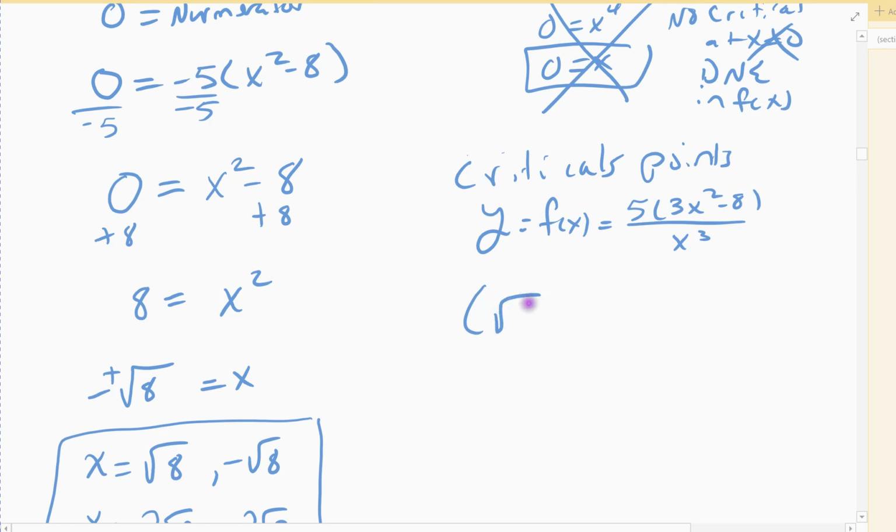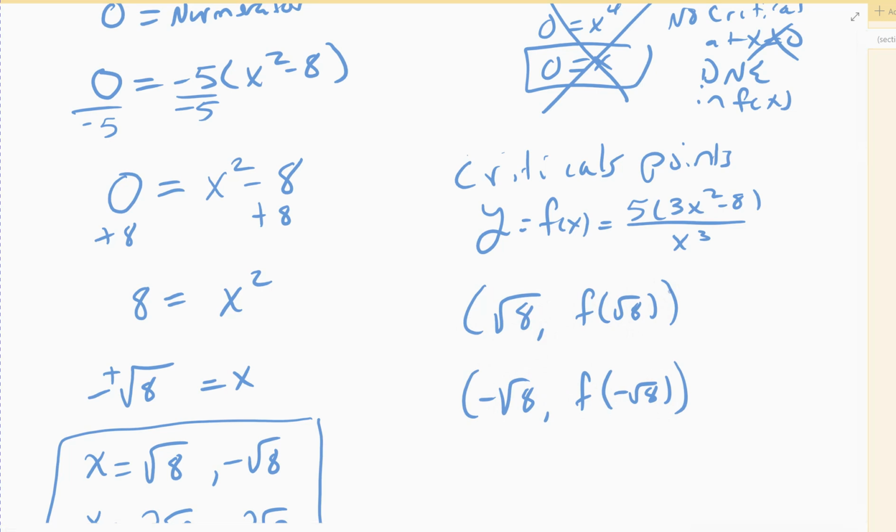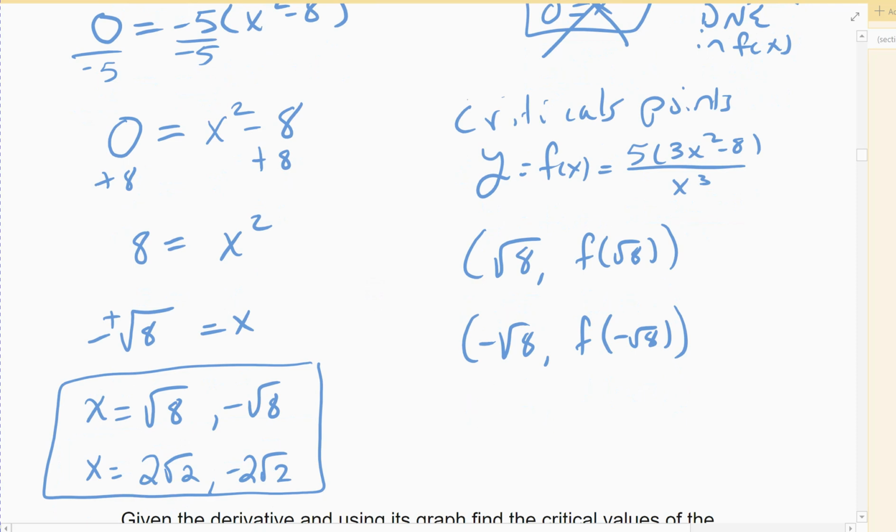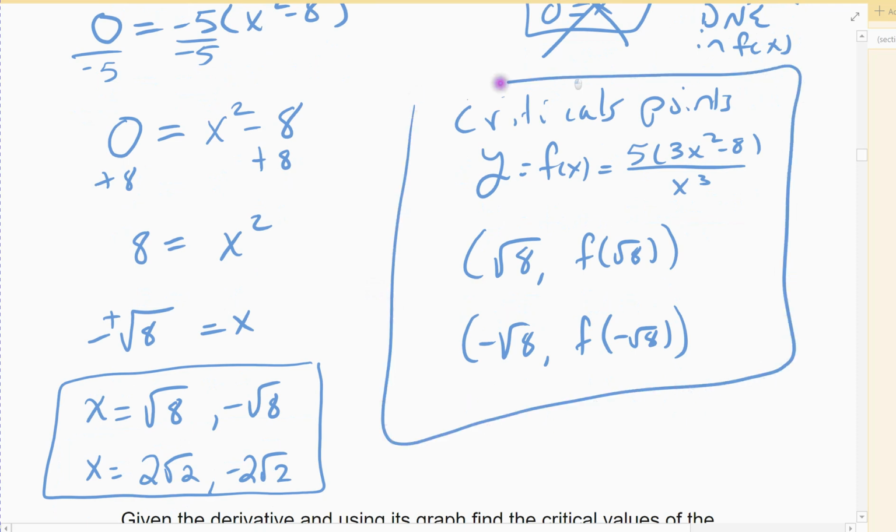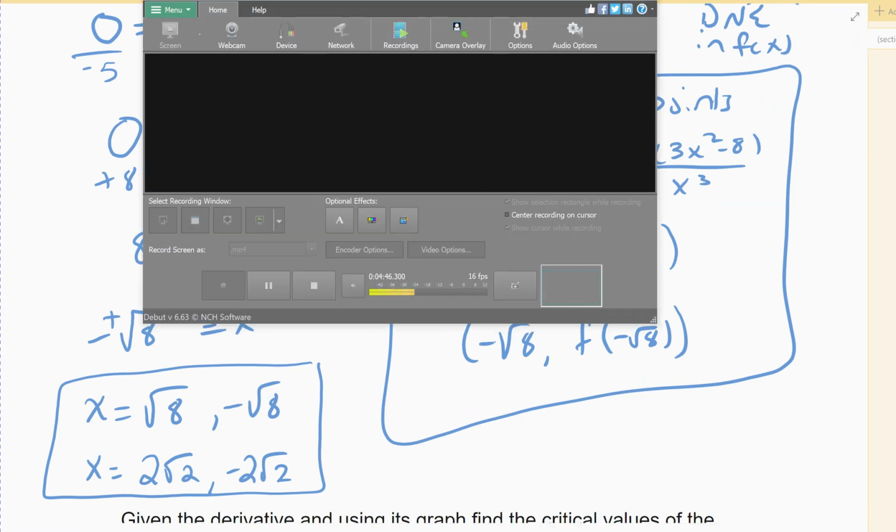And so f of square root of 8 and f of negative square root of 8 is where you'd find your critical values. You'd take your square root of 8 and plug it in. I'll leave that for you to do, assuming you can plug them into a function. I was more focusing on the algebra. So these would be where your critical points are located. Alright, we'll stop there. We'll pick up the next example in the next video.